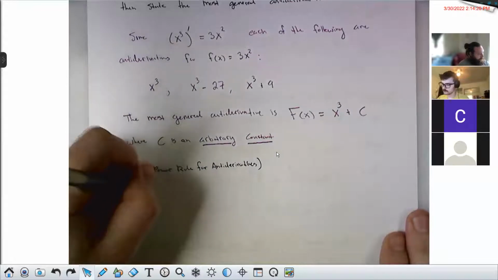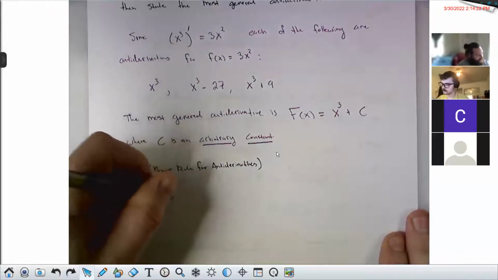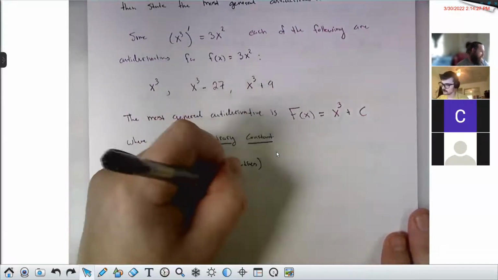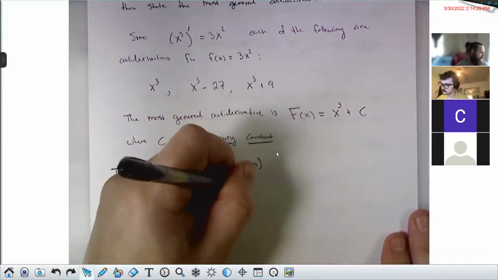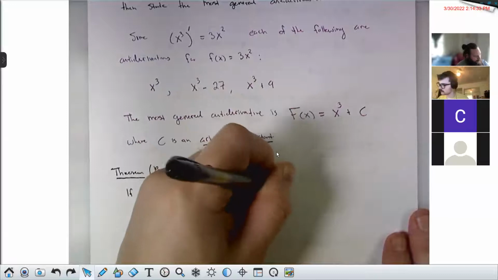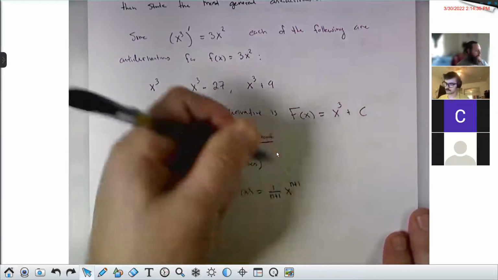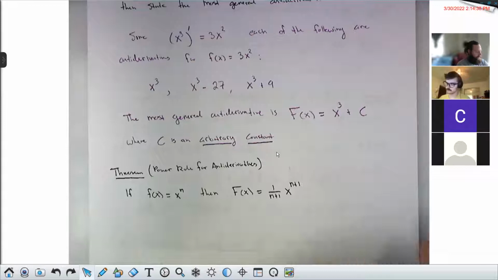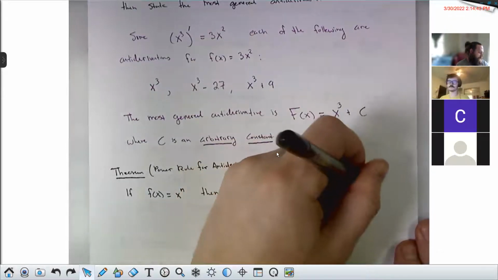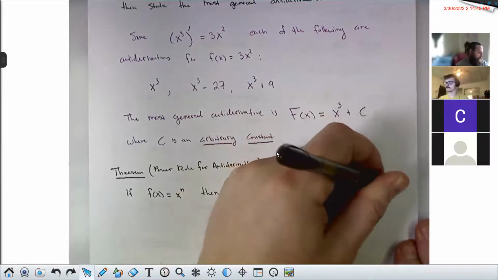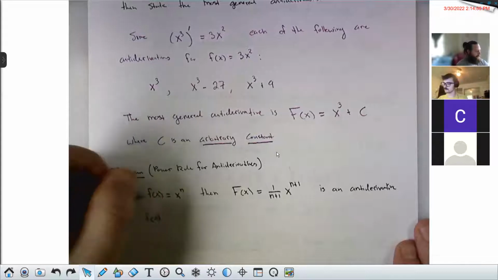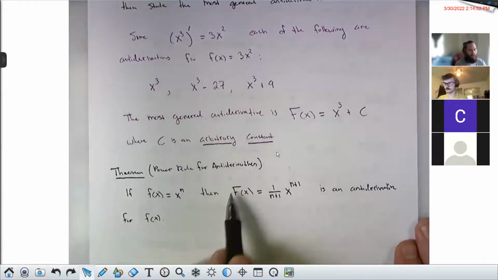If little f is x to the n, then big F, 1 over n plus 1 times x to the n plus 1, is an antiderivative. So this is the rule that I'm applying there, if you like.